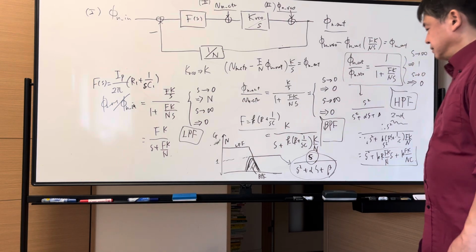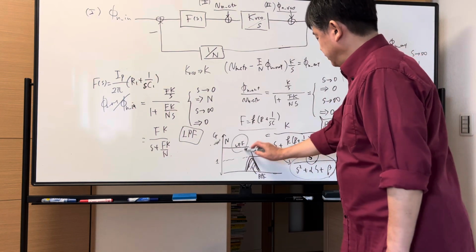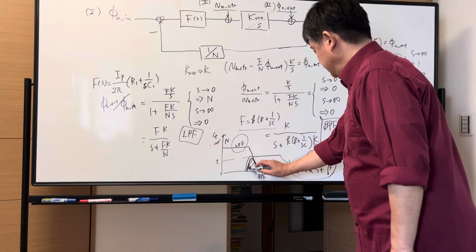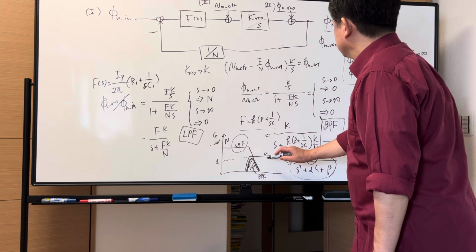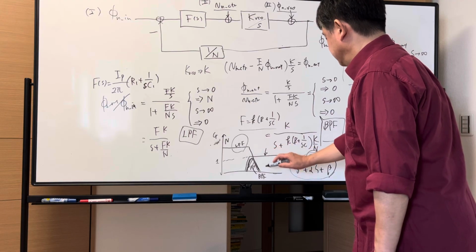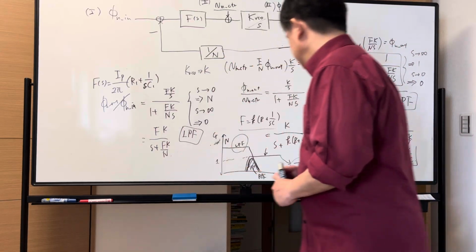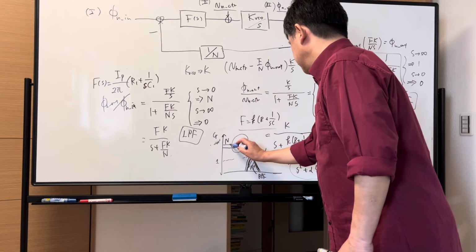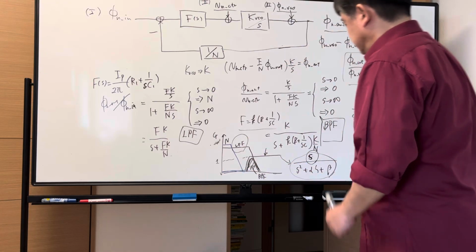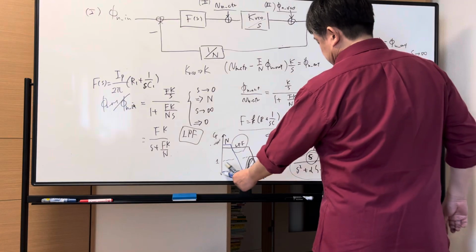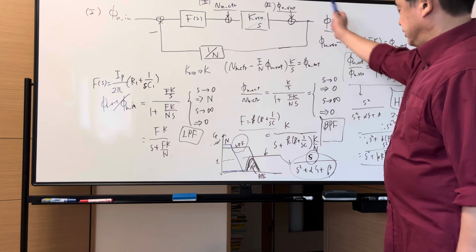So we have this transmission for input phase noise, control voltage noise as band pass filter, and for the voltage controlled oscillator VCO phase noise. If VCO phase noise is like this, it's effectively cancelled out. It's in the stop band of the high pass filter of this transmission.